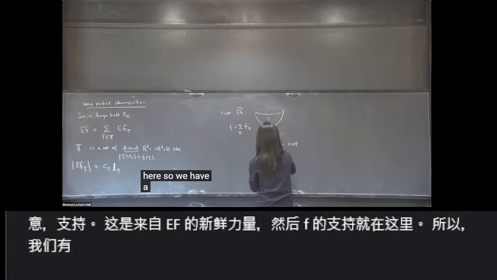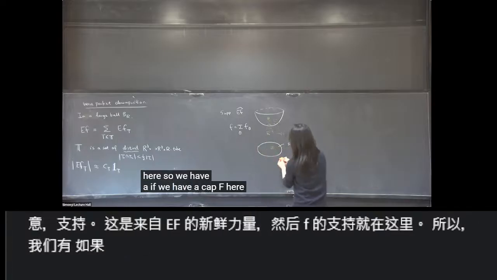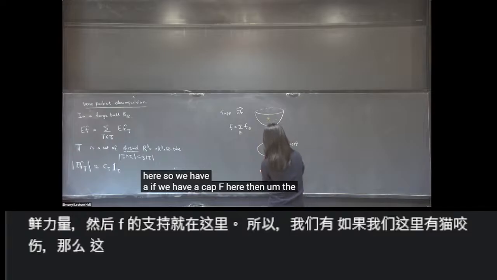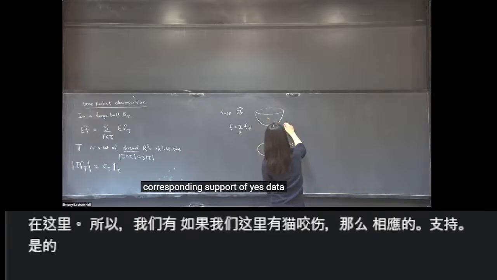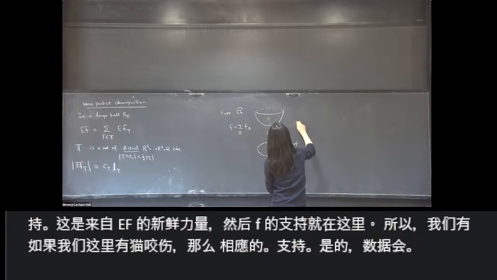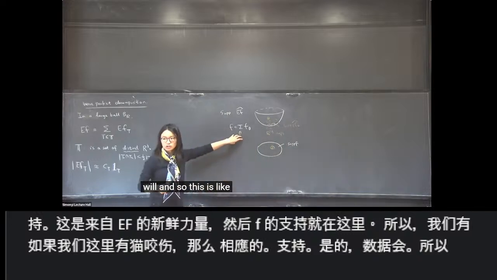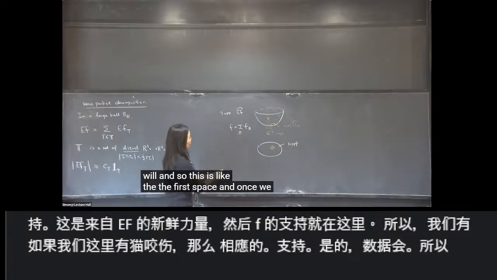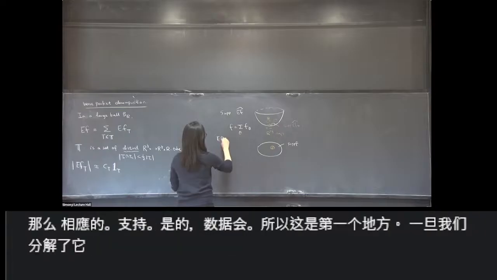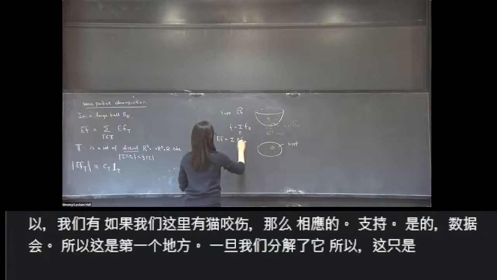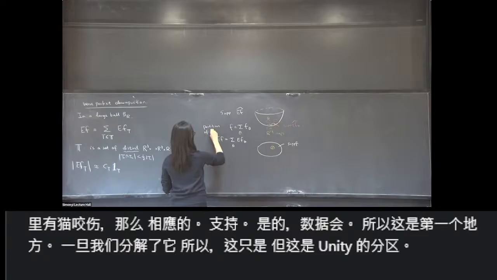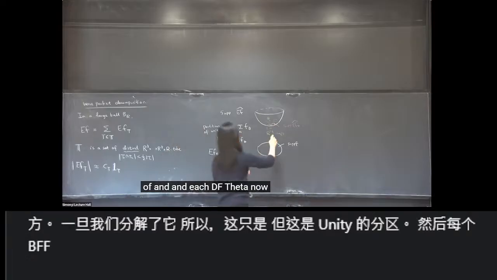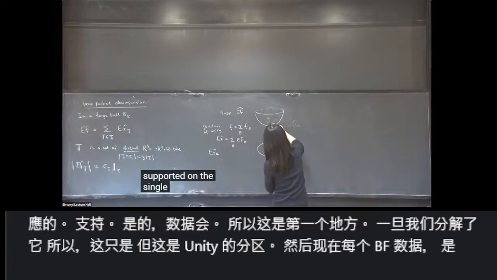So if we have a cap theta here, then the corresponding support of Ef_theta will be here. This is the Fourier space. Once we have decomposed that, Ef equals the sum of Ef_theta, so this is a partition of unity. Each Ef_theta is now supported on a single little cap.